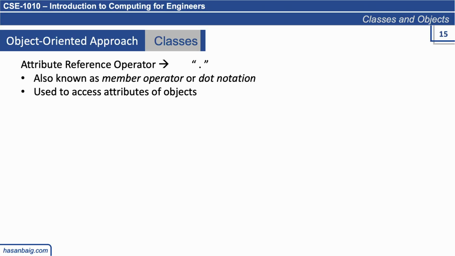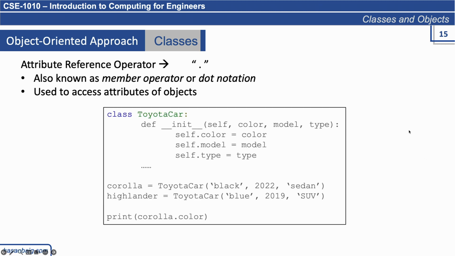Okay, another thing that we saw yesterday was how we reference and operate a method from a class or any attribute. It is also known as the member operator or dot notation. In the demo we discussed yesterday, we did not create this Toyota car class, rather we created another student information class.